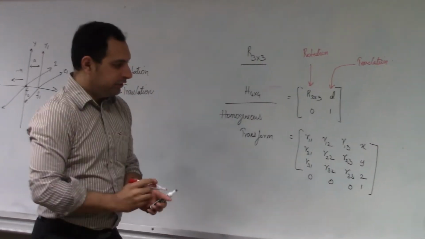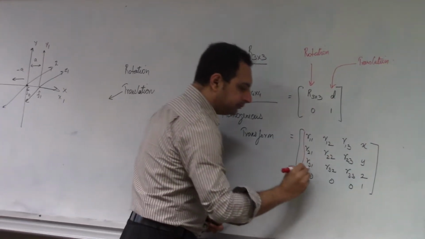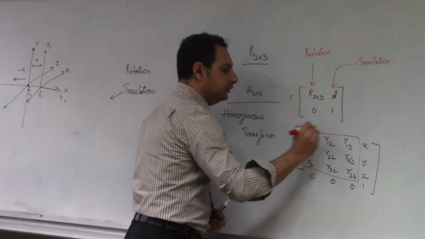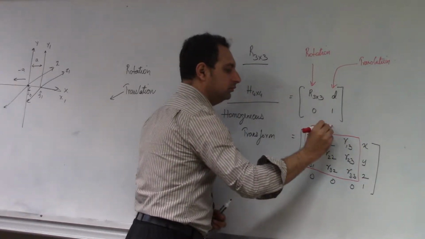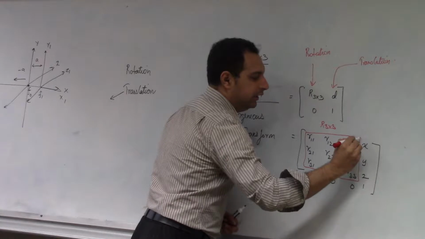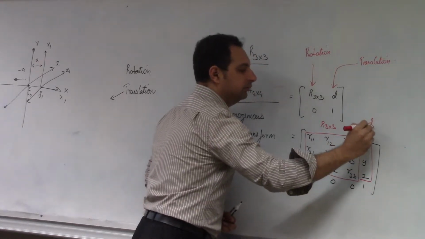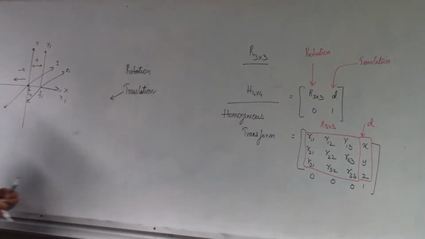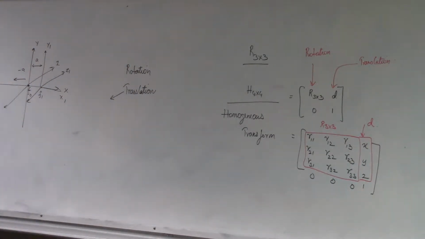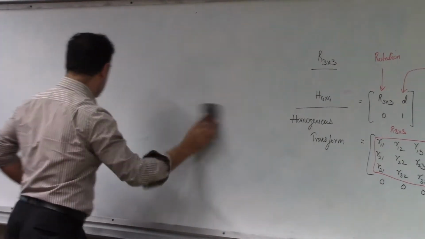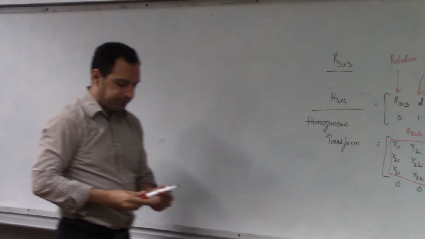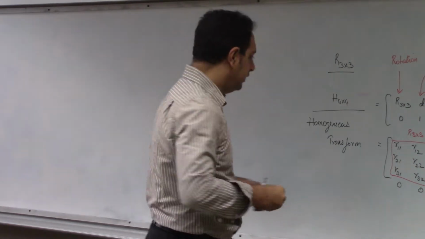So this is your rotation matrix, this is your R3 by 3, and this is your D, any displacement or any translation. Alright? Now, this matrix we call a homogeneous transform.